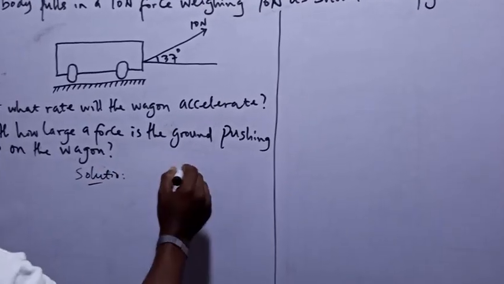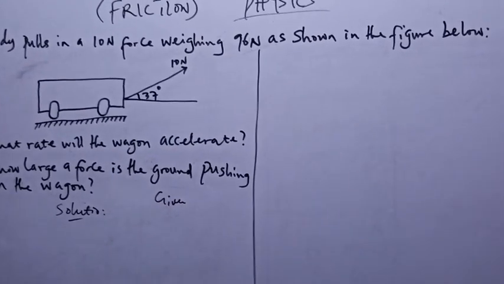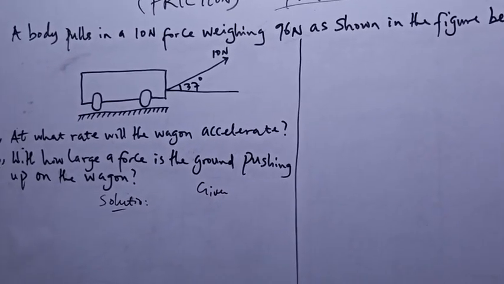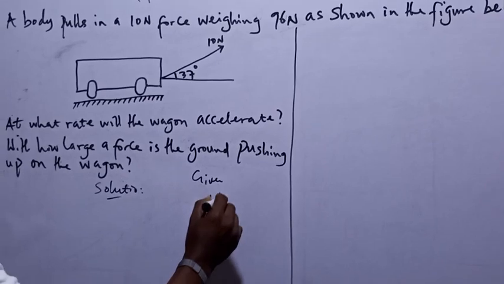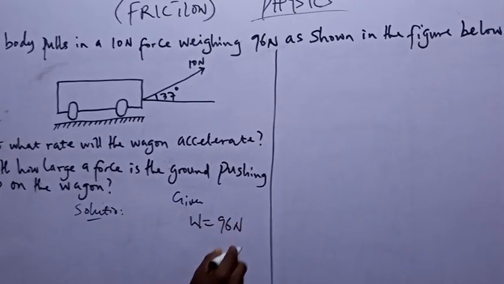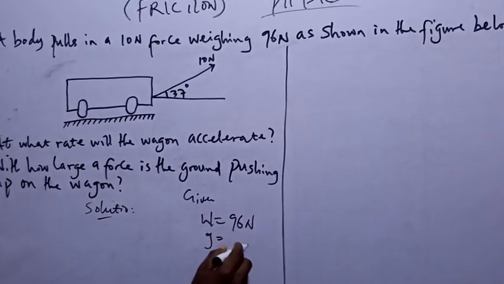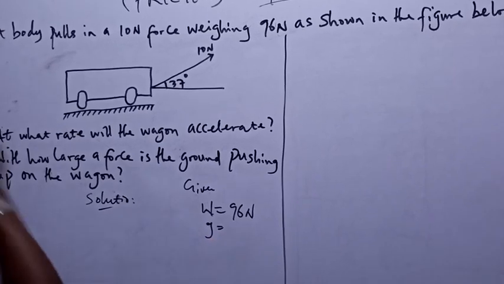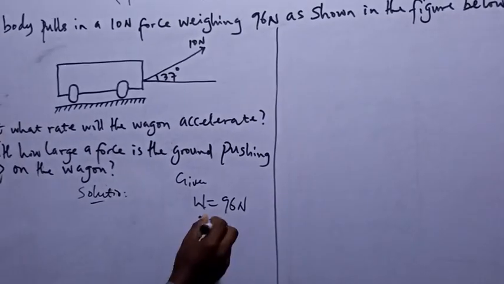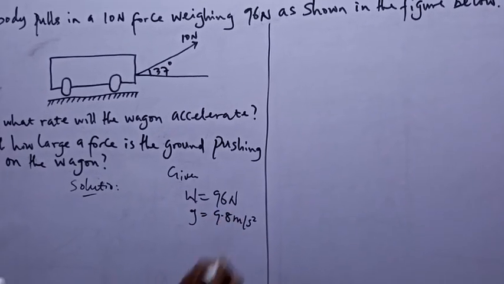Now I have that given, I usually say, let's see the parameters that we have here. We have weight, W, to be 96 Newton. We have acceleration due to gravity, g. If acceleration due to gravity is not given, we assume it to be 9.8 meters per second squared, except it is given.